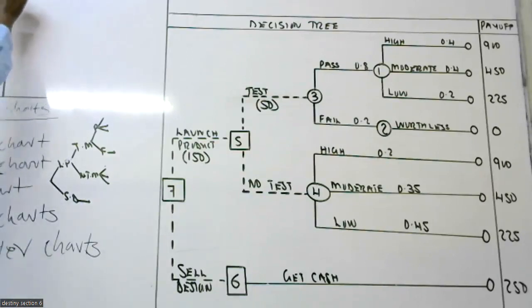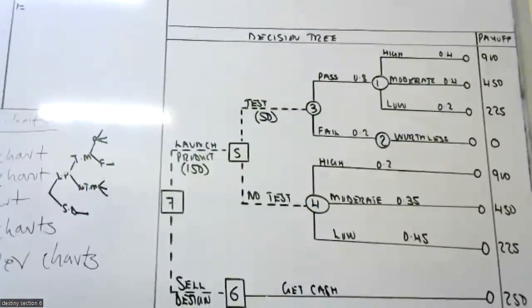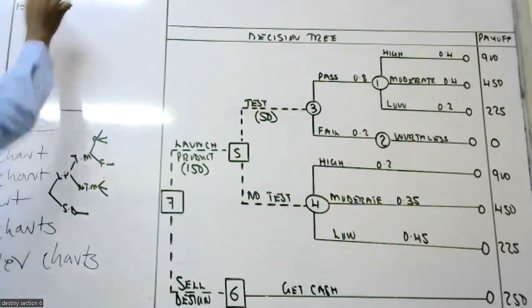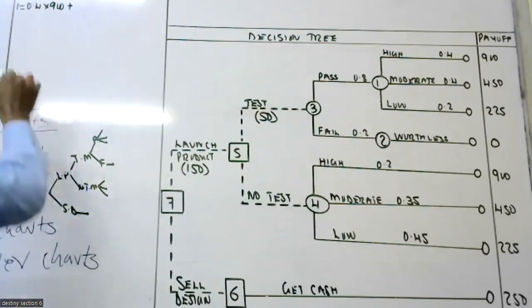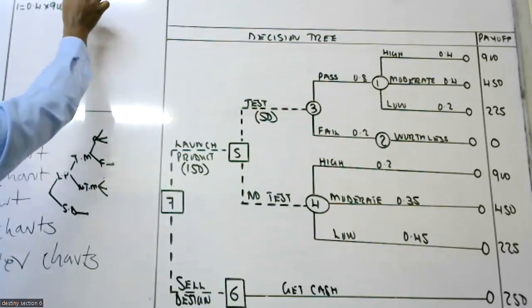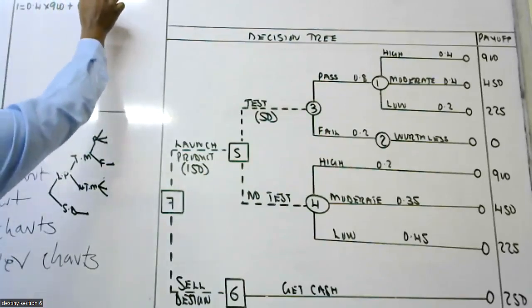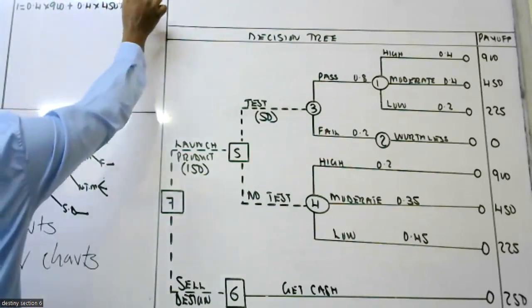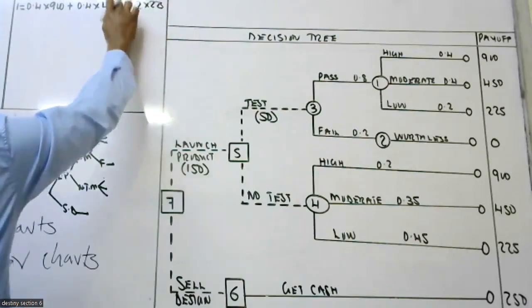So we begin with number one. You take those values: 0.4 multiplied by 900, plus 0.4 multiplied by 450, plus 0.2 multiplied by 225.